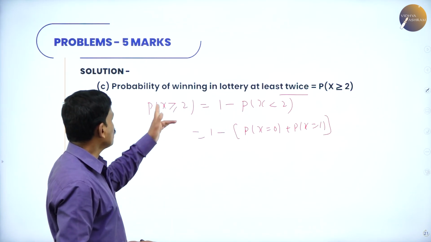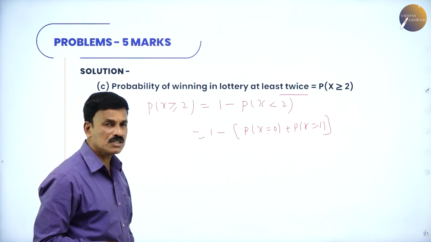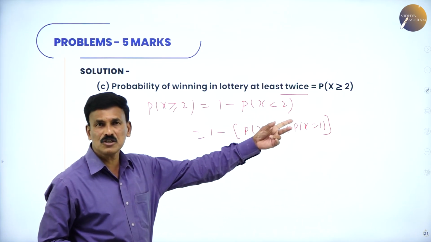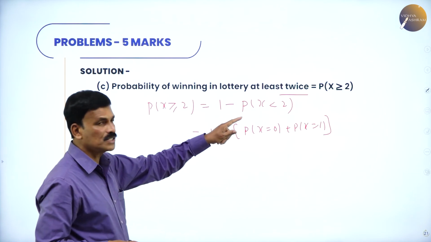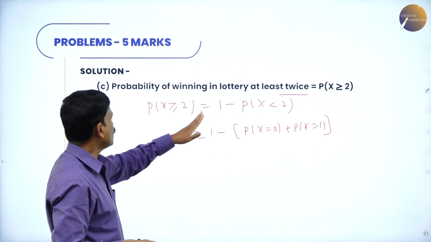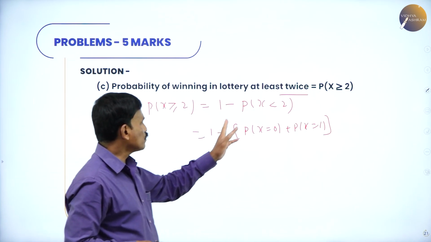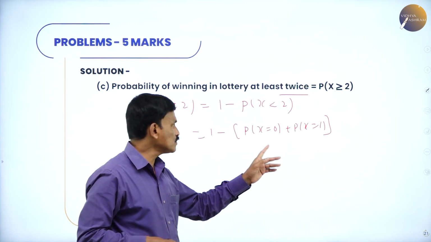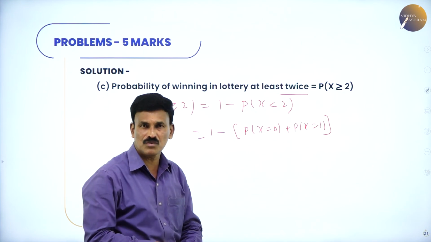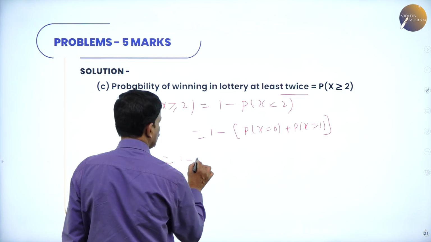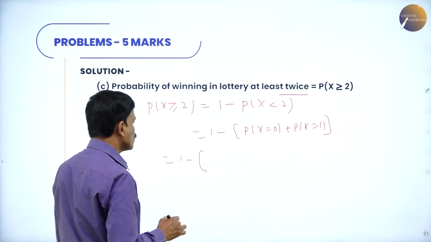That means the probability of winning the lottery at least twice, probability of x greater than or equal to 2, is 1 minus probability of x less than 2, that is when x is equal to 0 or x is equal to 1. So what is this equal to? 1 minus probability of x equal to 0.